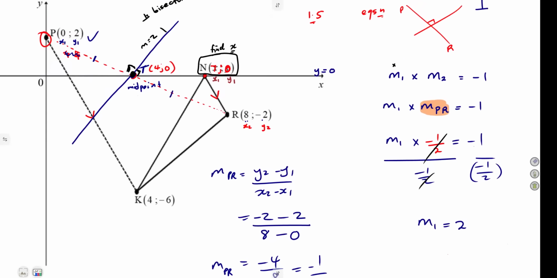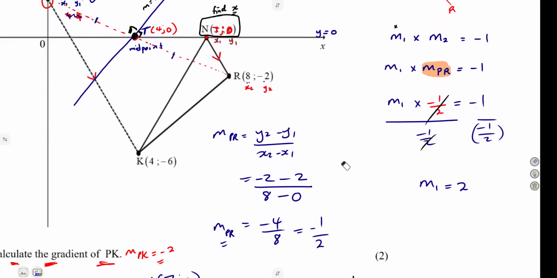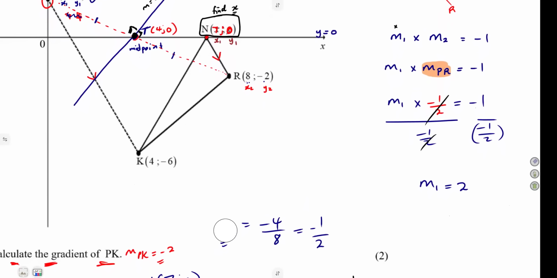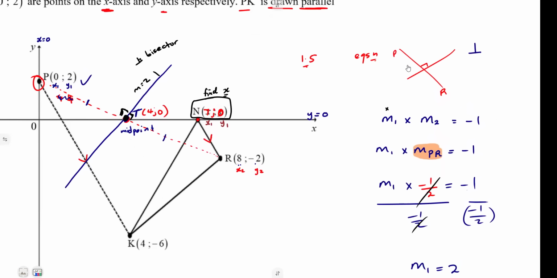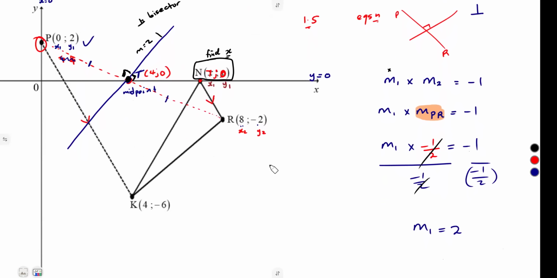So if we've got the gradient, guys, we can determine the equation. That's our question here, the equation of the perpendicular bisector. The equation of a straight line is given as y is equal to mx plus c. M is the gradient of the perpendicular bisector, and that's 2.